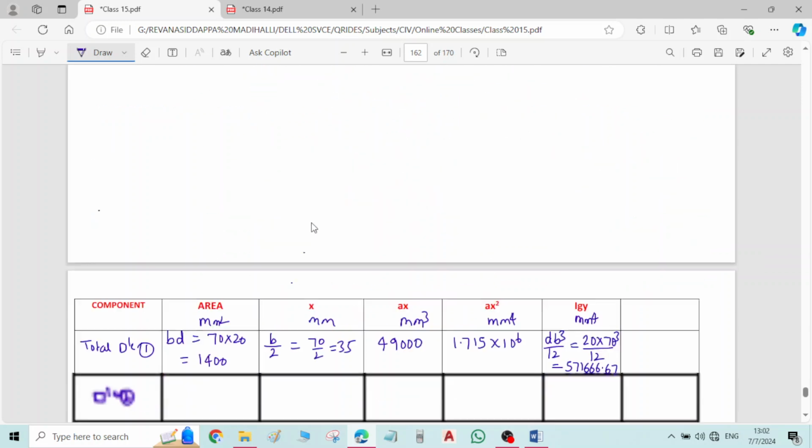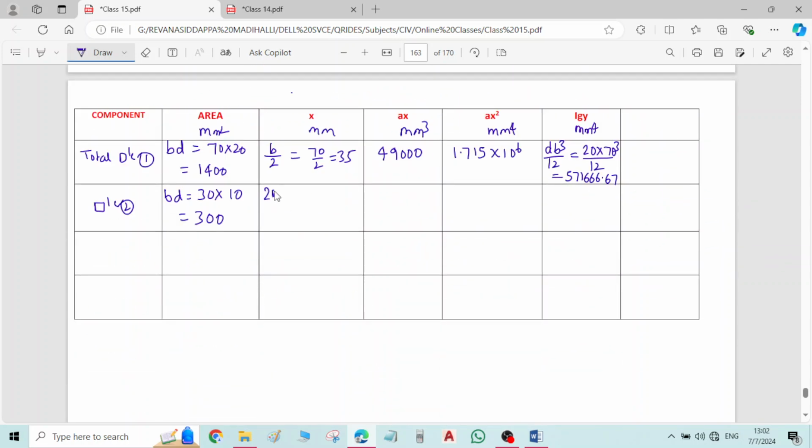So 20 plus b is 30, divided by 2. The answer is 35 mm.